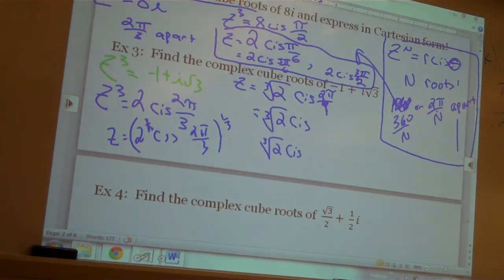Now, we get a proper amount of answers up there, and we do the spacing and it's the same as before, because we've got the cube roots, so they're 2 pi over 3 apart. Tim, what would you get for your first answer?